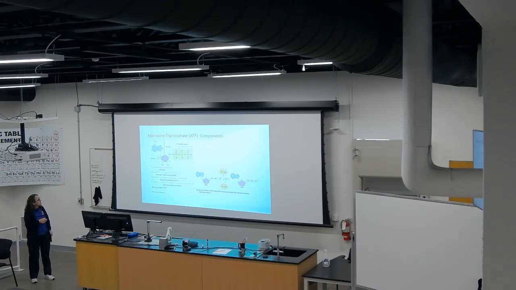So here is the molecule of ATP all together with these different components. So if you only have the ribose with this nitrogenous base, you call it adenosine. When you add one phosphate group, it's called AMP. When you add two phosphate groups, it will be ADP. When you have three, it will be ATP.